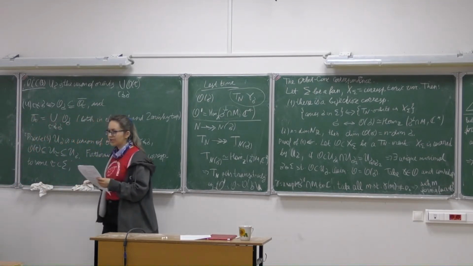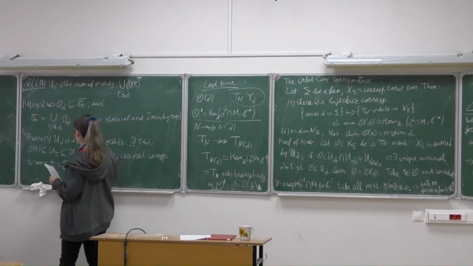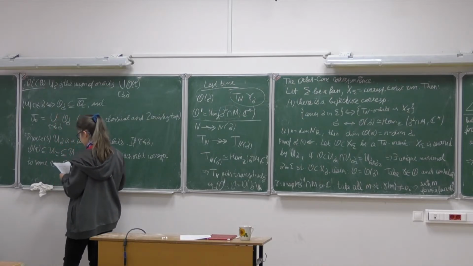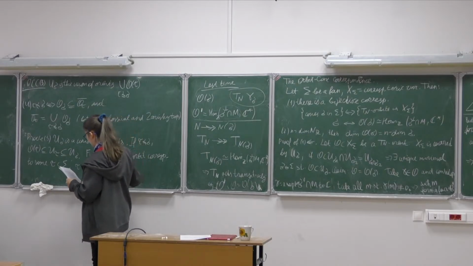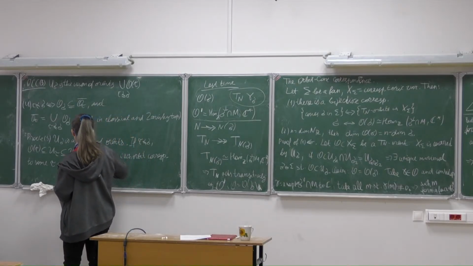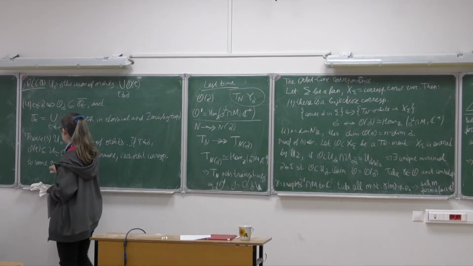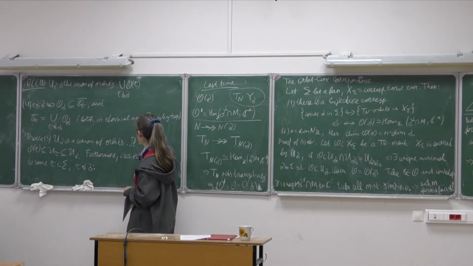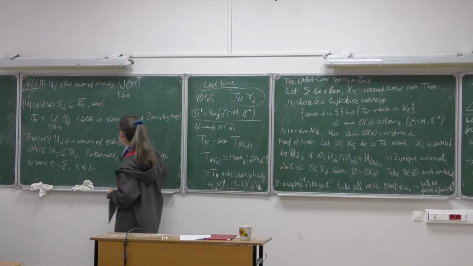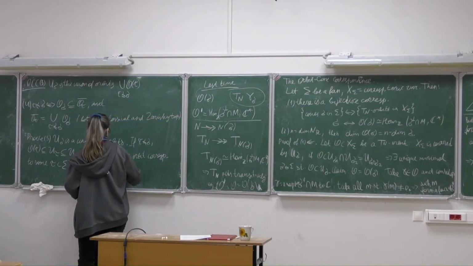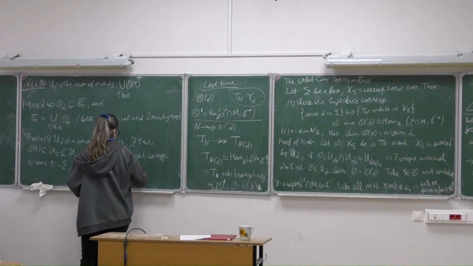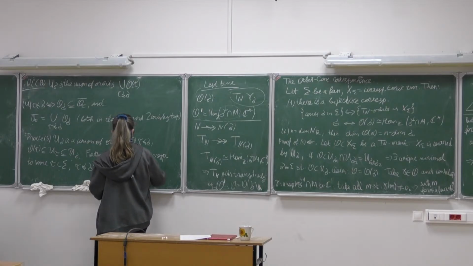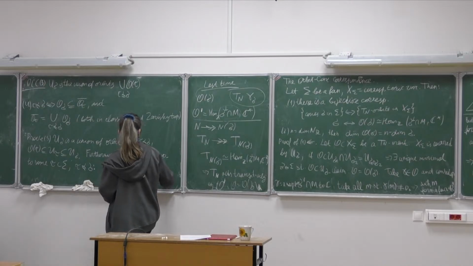We can show that tau is a face of sigma. Why? Because we know that each orbit is a map from tau dual to C.